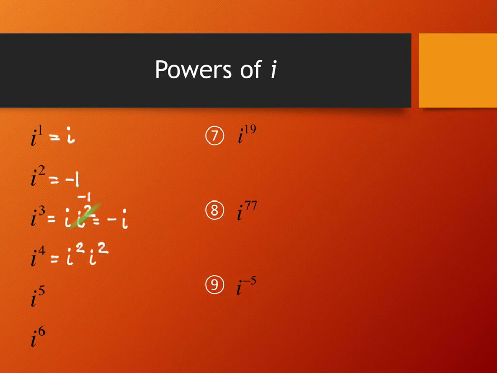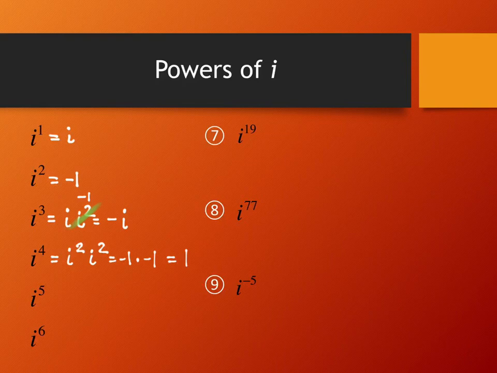What's i squared? -1. So this is really -1 times -1, which equals 1. And we can always break them down like this.